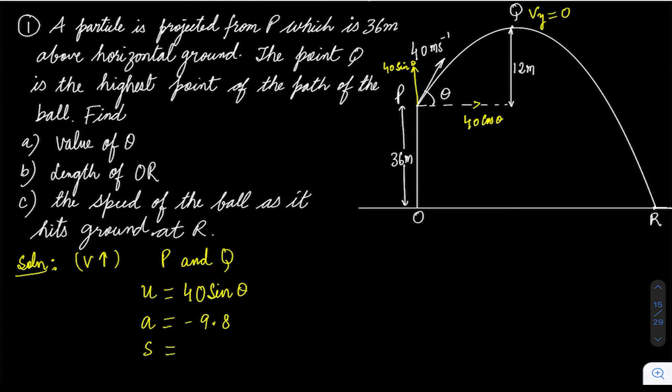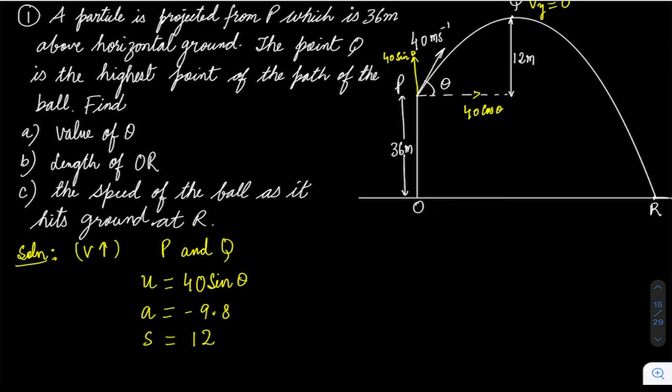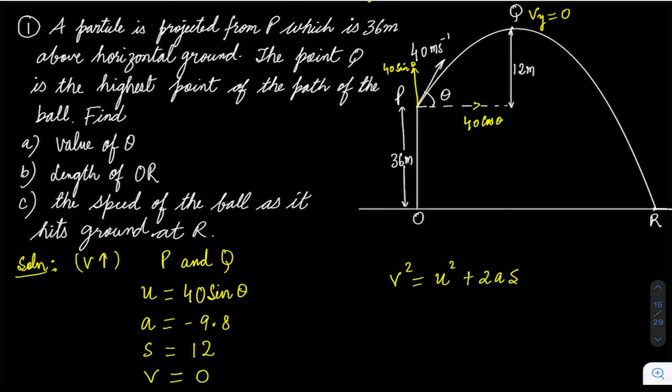Displacement is positive, that is 12. And final velocity is 0. So what's the equation that connects V, U, A, S? That is V square equals U square plus 2AS. You can see I'm not using any trick here. I'm just writing whatever I know. From that you will get to see which equation you have to use.